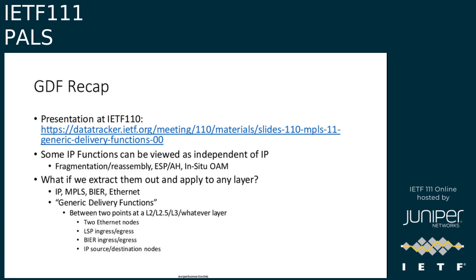So what if we extract them out and apply them to any layer where it makes sense, for example IP, MPLS, BIER, or even Ethernet? So we call this generic delivery functions. It's basically between any 2 points at a layer 2, layer 3, or layer 2.5, for example between 2 Ethernet nodes, between LSP ingress and egress, or IP source and destination nodes, things like that. Next slide, please.